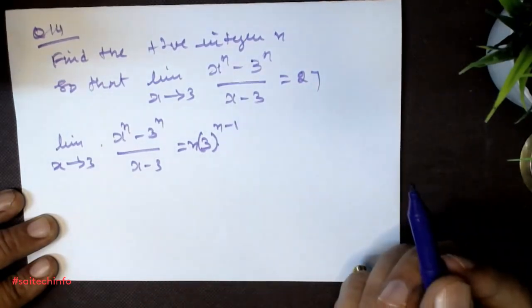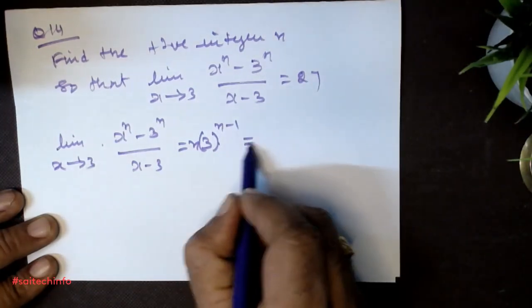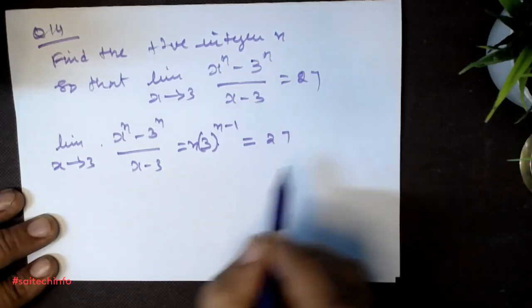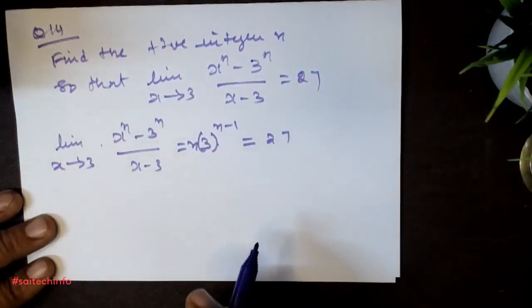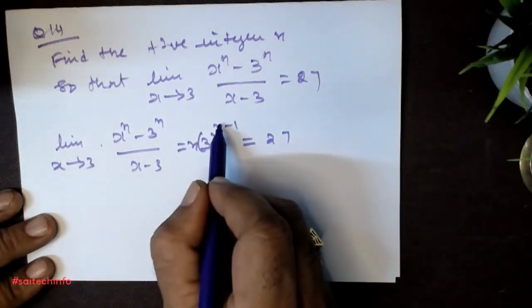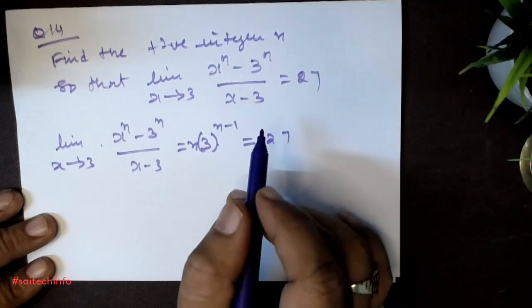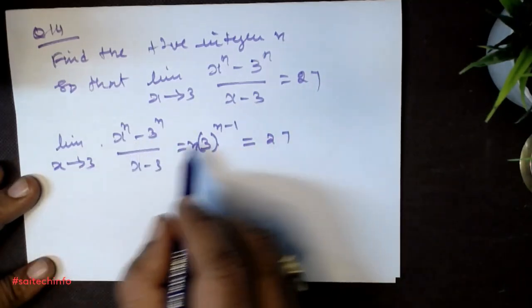Correct? So that is equal to 27. Right? 27. And here x tends to 3. So we can substitute in this case 3 power 1 minus.